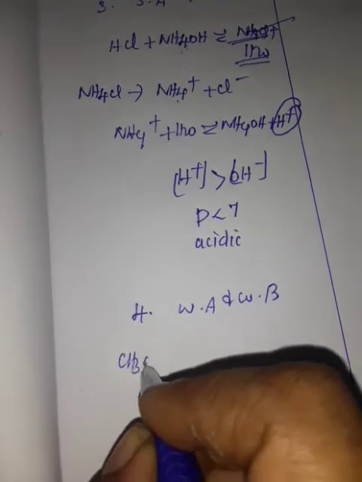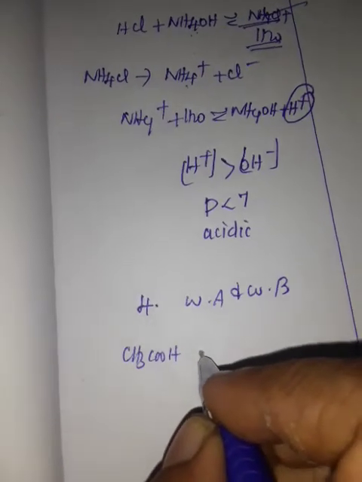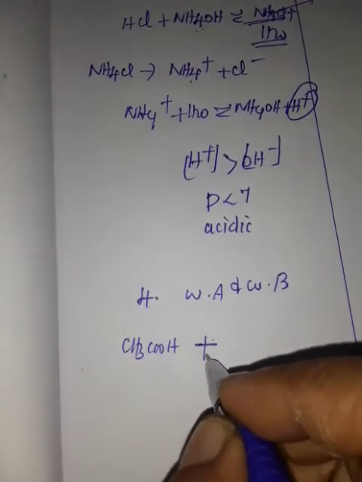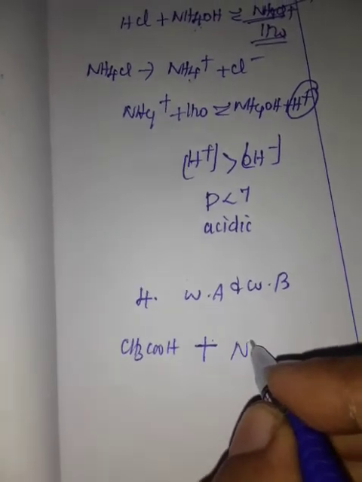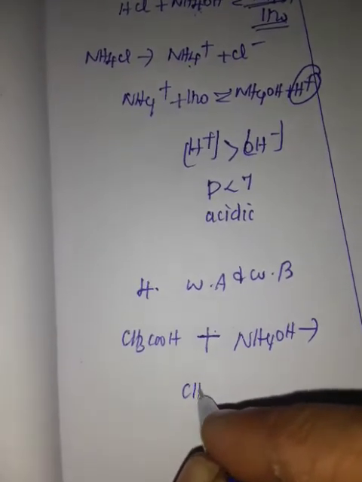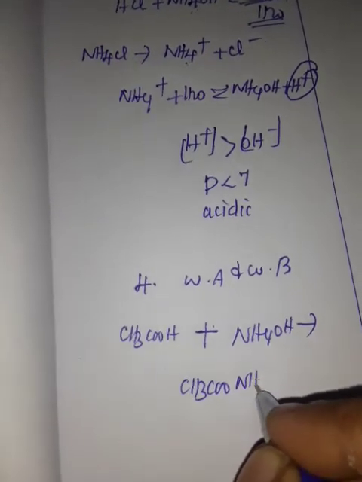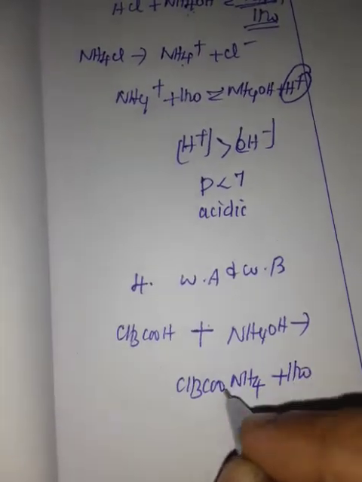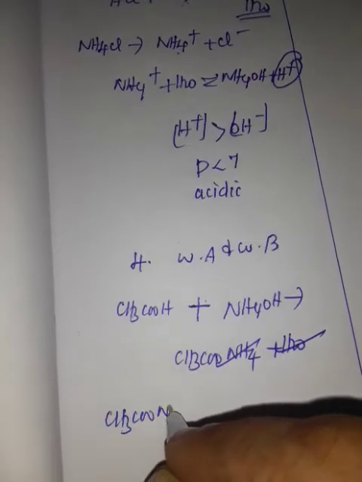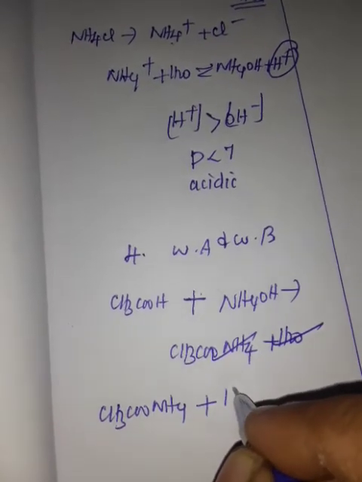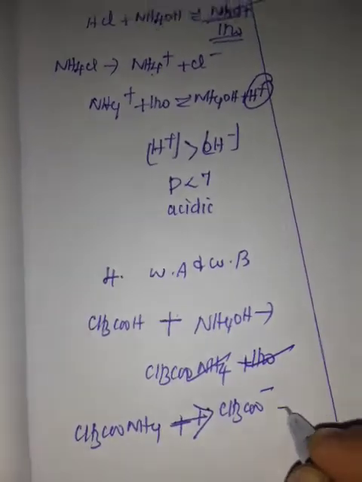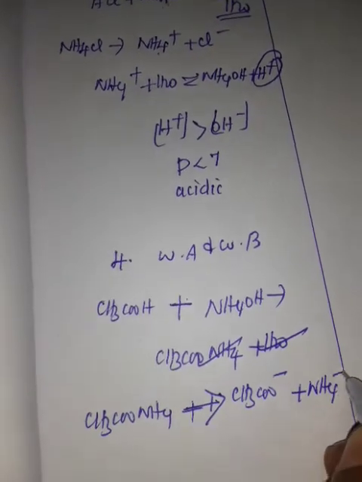Take the weak acid CH3COOH and the weak base ammonium hydroxide, giving CH3COONH4 plus water, salt and water. The salt CH3COONH4 gets completely dissociated to CH3COO- plus NH4+ in aqueous solution.